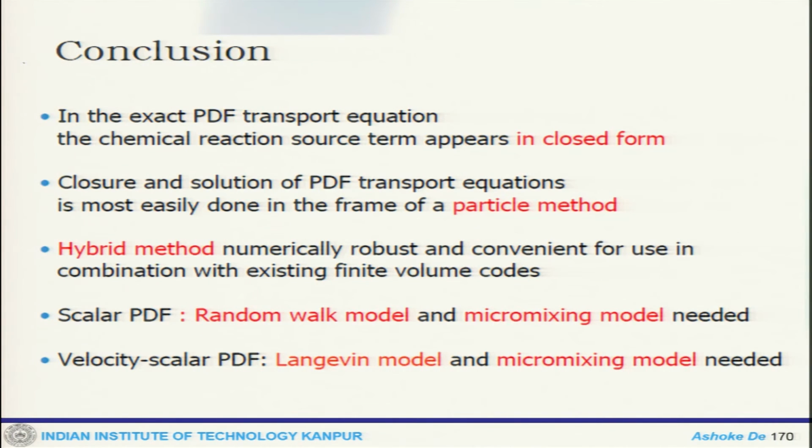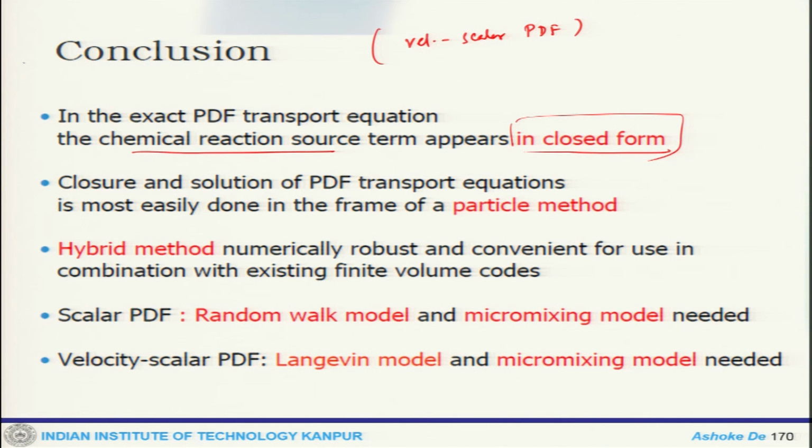So just to sum up for the velocity scalar PDF. In the PDF transport equation, you have the chemical source term, which is in closed form. That's the biggest advantage, which is true for both scalar PDF and velocity scalar PDF.